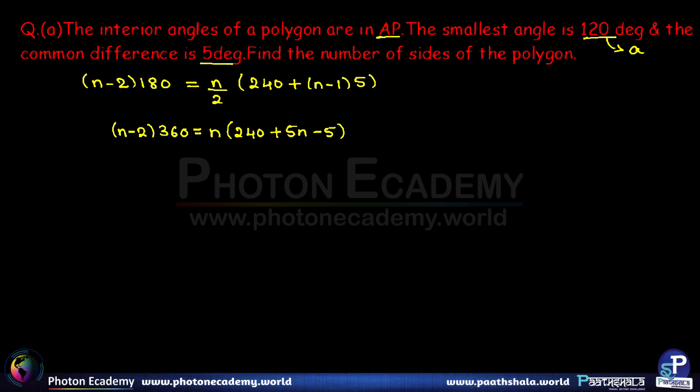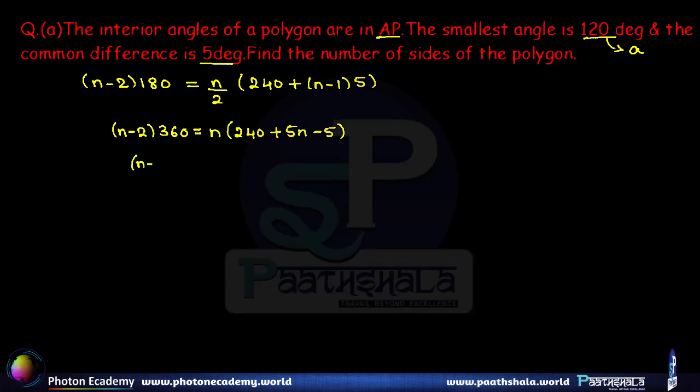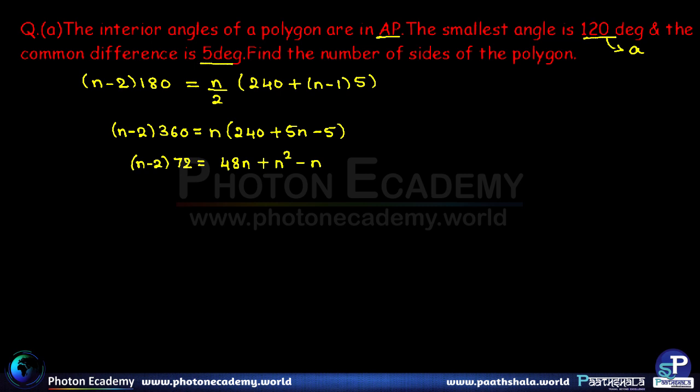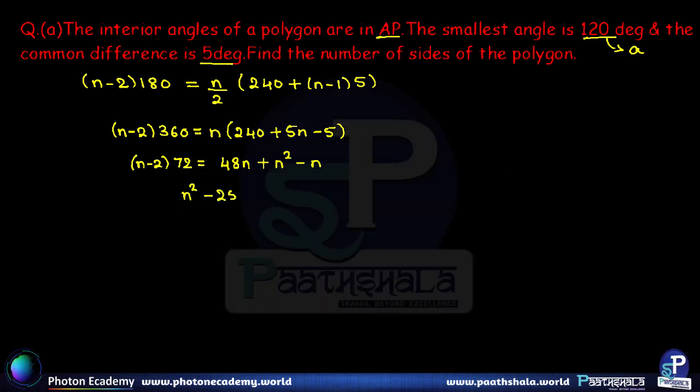Dividing the whole thing by 5, we have n minus 2 into 72 is equal to, so that is 240 divided by 5 is 48n, plus we have n square minus n, so 48 minus n plus minus 72n will be 25, so we are left with n square minus 25n, and 72 2s are 144, is equal to 0.